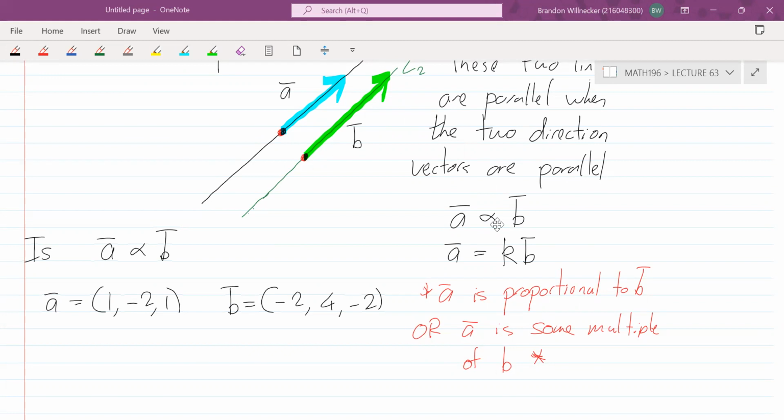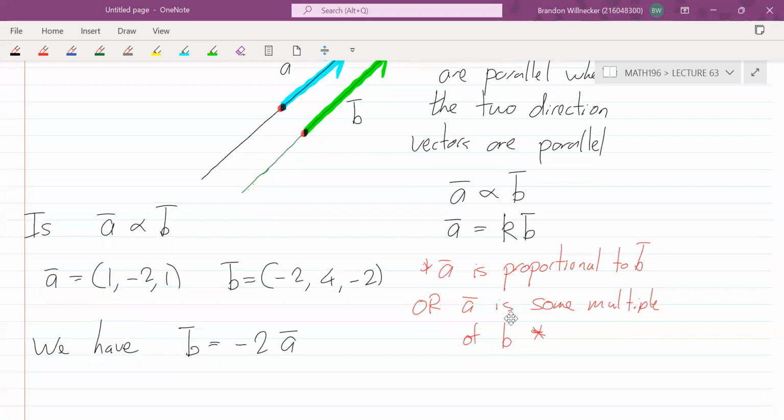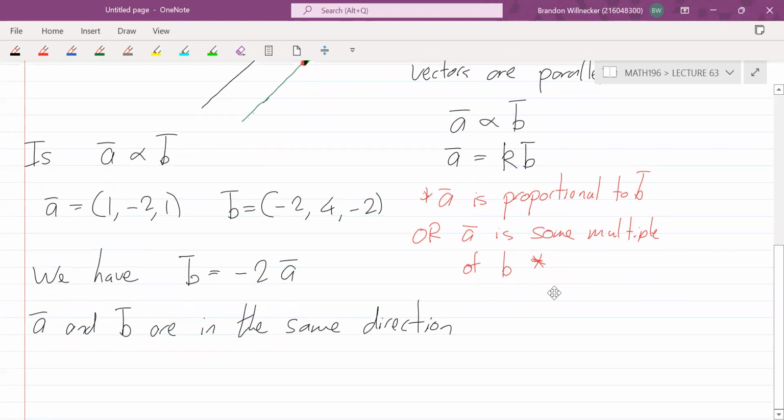Here we have B equal to -2 times A. So A is proportional to B or B is proportional to A. It doesn't matter which way you do it, but that means that these two vectors are in the same direction. So A and B are in the same direction, because they're just multiples of each other.